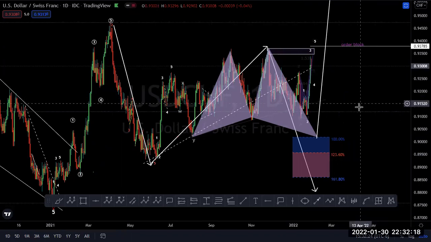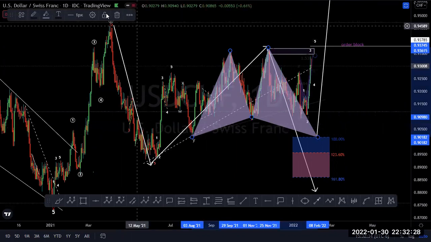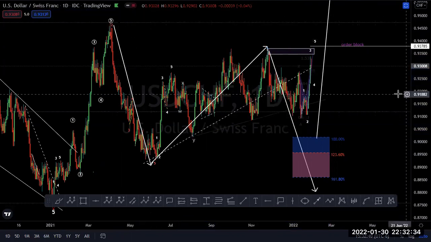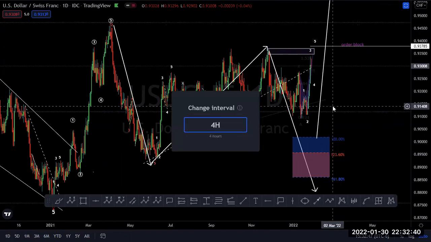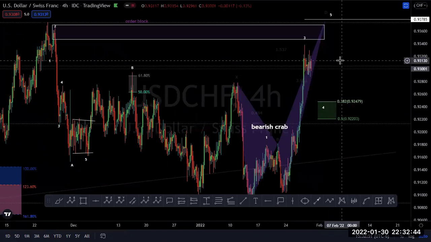And I try to know whether it's making a pattern. But from what happened here, this pattern did not complete. So I'm removing it. Then there's another pattern on 4 hours. Let's see that one. It seems it will complete.